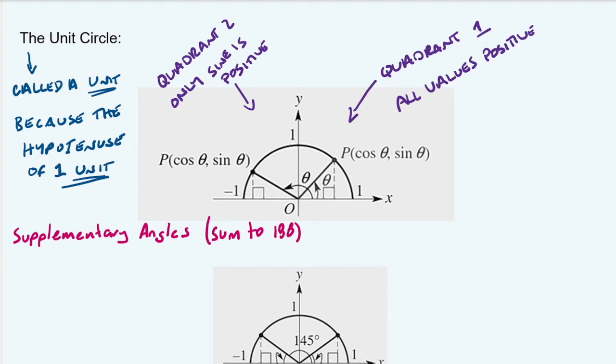We just want to worry about the 180 degrees. And remember I said in the first quadrant, all of our bits and pieces are positive. In our second quadrant, only the sine stuff is positive. So if it has sine in front of it, it'll be positive. If it has cos in front of it in that second quadrant, or tan, it'll be negative.